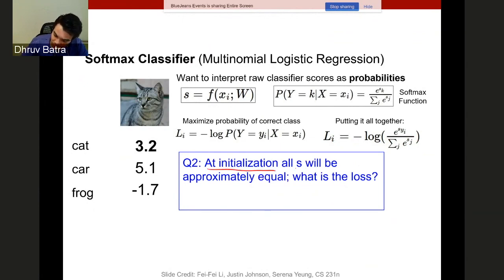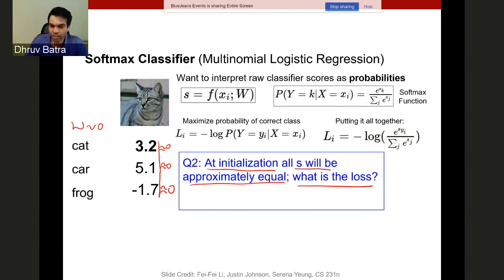At initialization, all scores will be approximately equal. So let's say we do the same thing where we initialize the W matrix to be an almost zero matrix. It multiplies with X, and so all these values are nearly zero. So all the scores are nearly zero again.